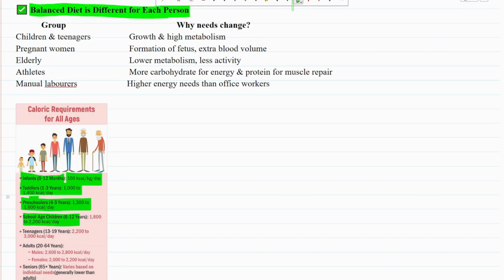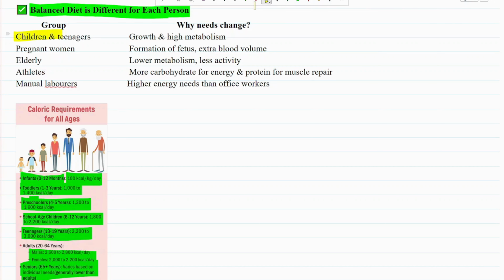School age children 6 to 12 years need this energy. You are almost the same age, or considered teenagers, so you get this amount of energy on a daily basis. Adults, male and female, need different amounts of energy in their daily life, and seniors, as their body is not so active metabolically and physically, generally need less than adults.